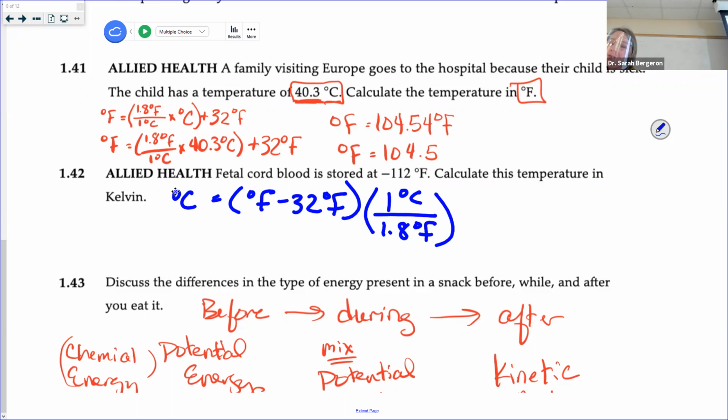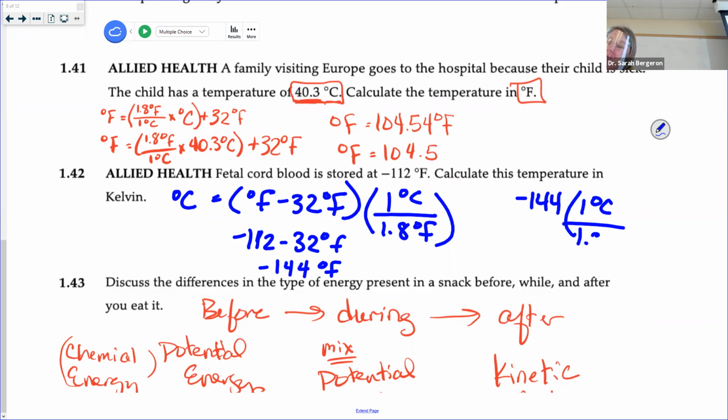And when we subtracted, we did negative 112 minus 32. What did we get? Negative 144 degrees F, right? Okay, so now we take that and we go negative 144 times 1 degree Celsius over 1.8 degrees Fahrenheit, right?